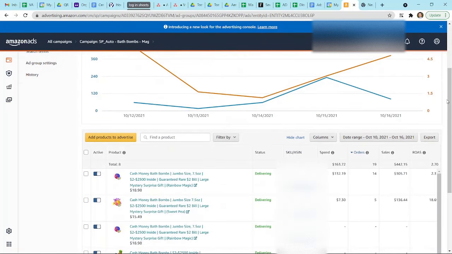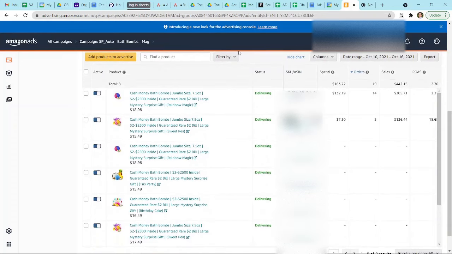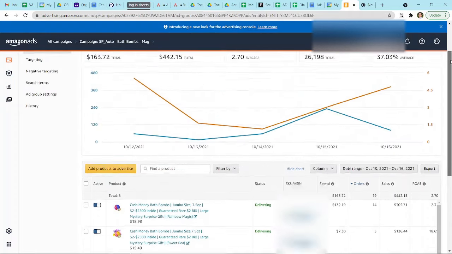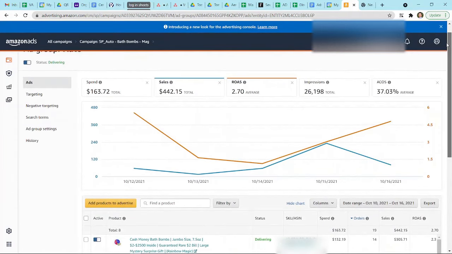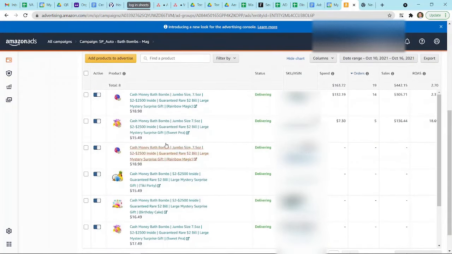And another thing that you want to make sure to note for, right, is brand personality. You want to make sure that every target in an individual ad group has a high relevancy relationship. Right, so all these in this ad group auto within this campaign, these are all the targets selected. It might be intuitive that these should all be cash, money, bath bomb, right?